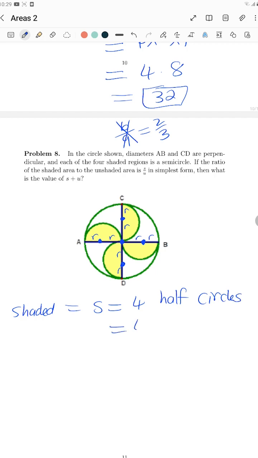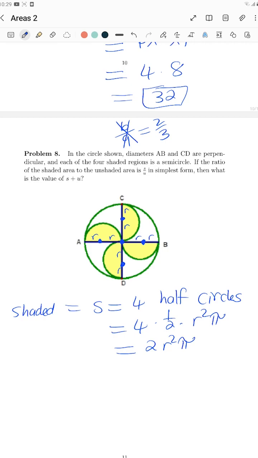And so half circle means a half times the area of a circle, which is radius squared pi. So the shaded calculation in this case will be 2 radius squared pi. Great. Okay, so the shaded area in terms of r will be 2r squared pi.